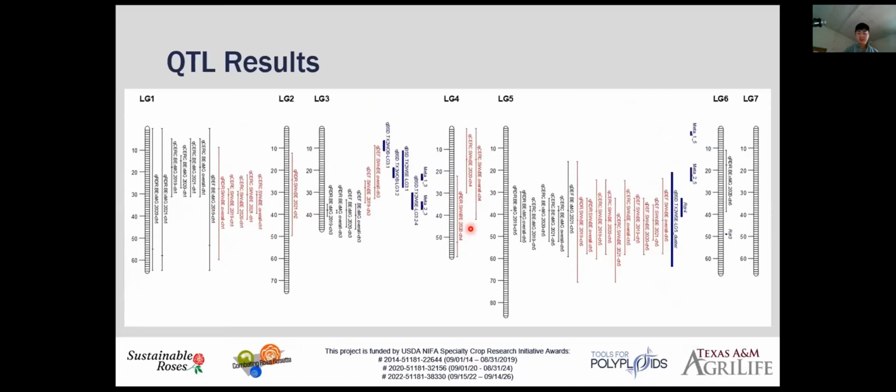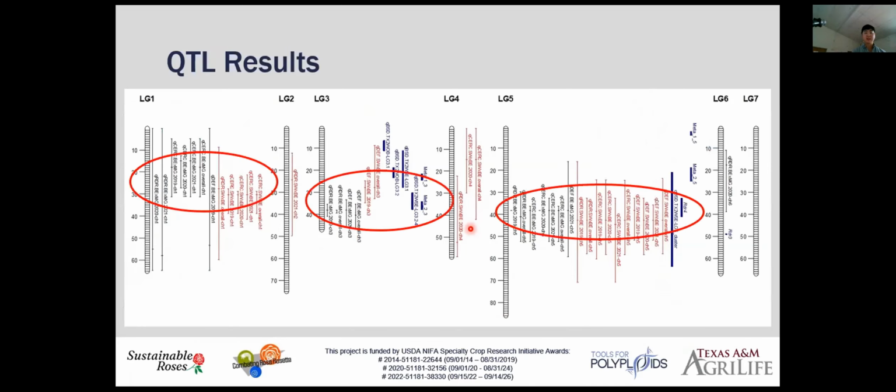So this is just another view of those same QTL, but highlighted in blue are other places in the literature. Here's RDR4 that comes from Bright Eyes, and that makes sense because one of our parents here is Bright Eyes.